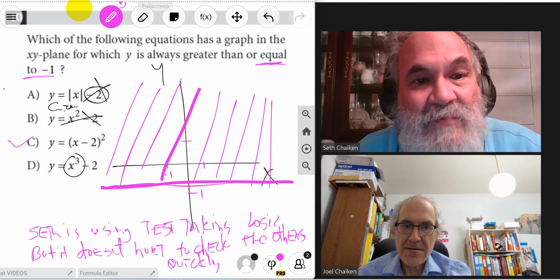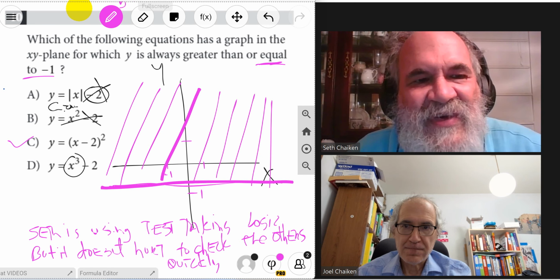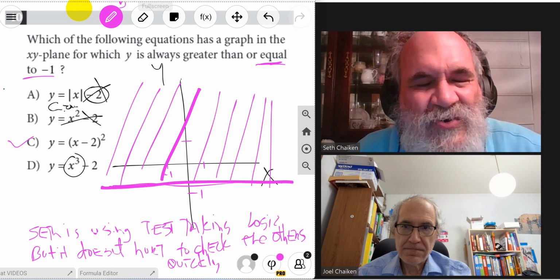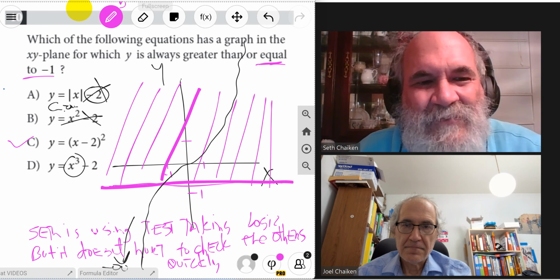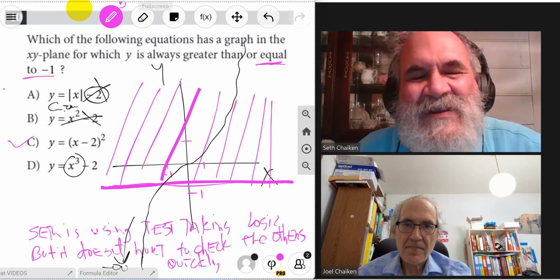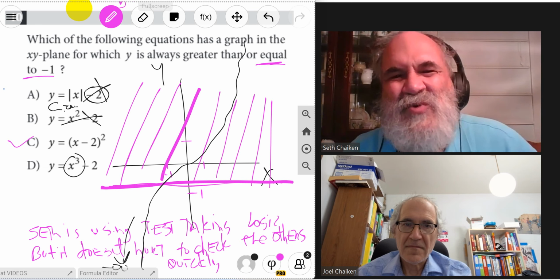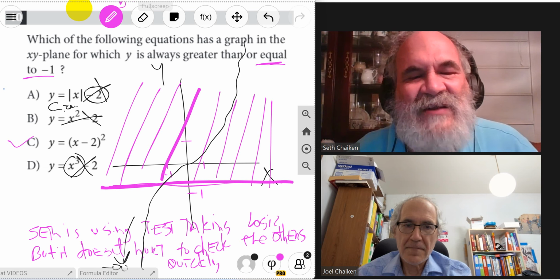Let me think of what the plot of x cubed looks like. It looks like that, so it goes down to negative infinity on the left-hand side. It gets very negative, and even if you subtract 2, it gets even more negative. So D is certainly not a correct response.